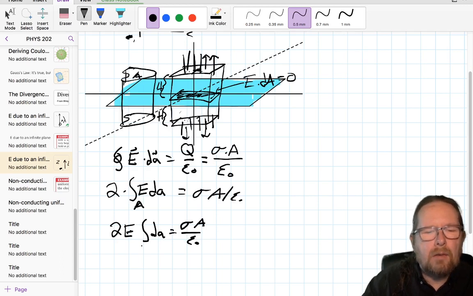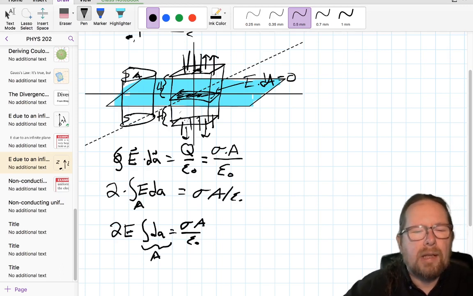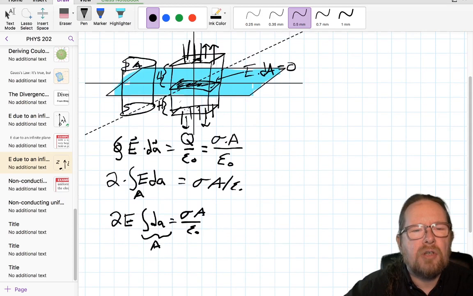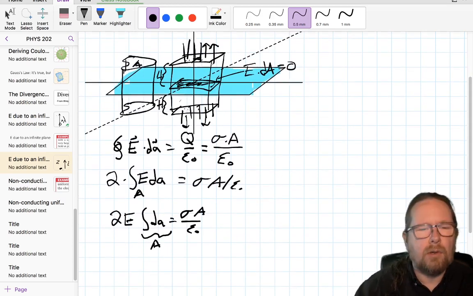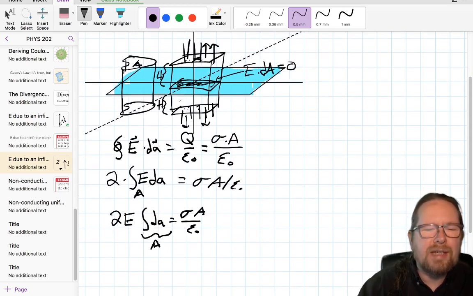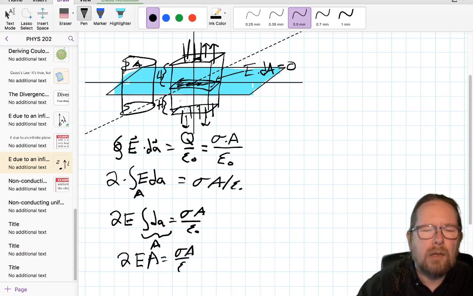And again, there's nothing to integrate. The integral of dA over the area is just the area. And that's why we chose a shape that the electric field would be the same everywhere. So this is just E times A equals sigma A over epsilon naught.